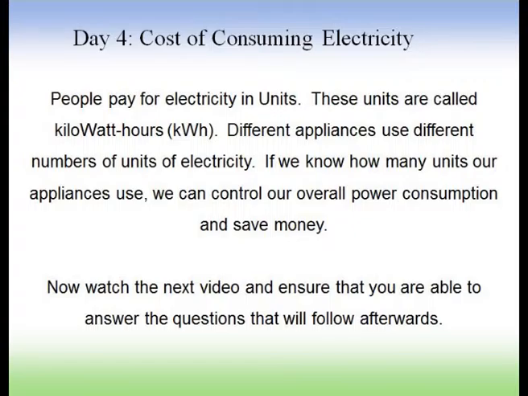Different appliances use different numbers of units of electricity. If we know how many units our appliances use, we can control our overall power consumption and save money. Now watch the next videos and ensure that you are able to answer the questions that will follow afterwards.